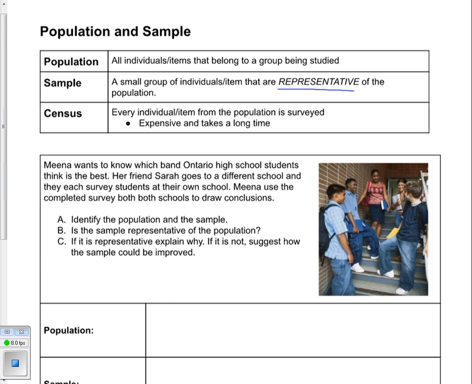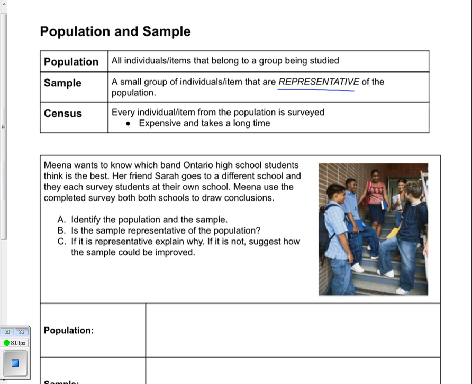So it's rare that an entire census is actually done. For example, the government of Canada does a population census every 10 years, because it would be impractical to try and get information on the entire population of Canada every year. It'd be way too expensive, and would take way too long to process all the information.